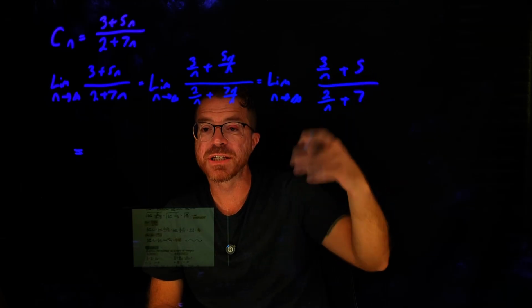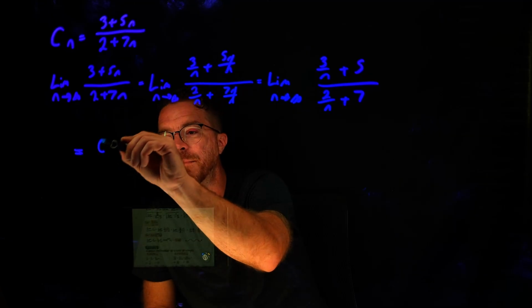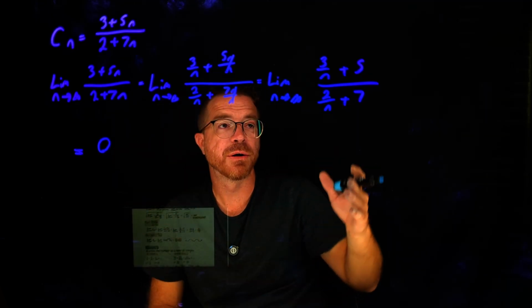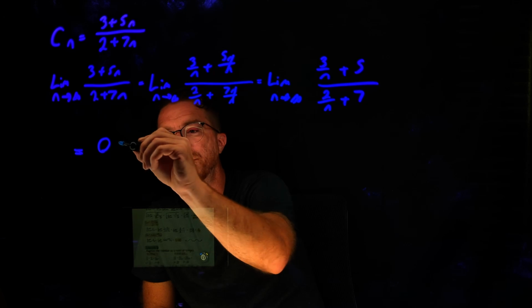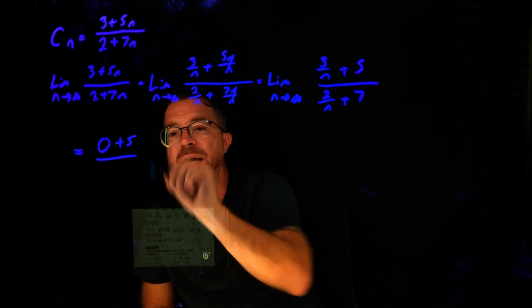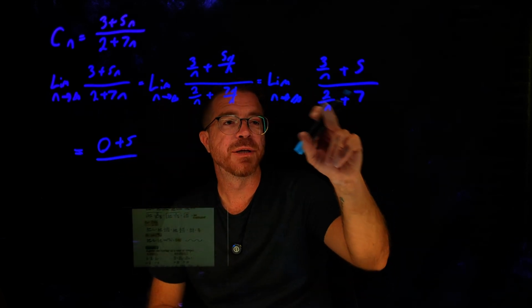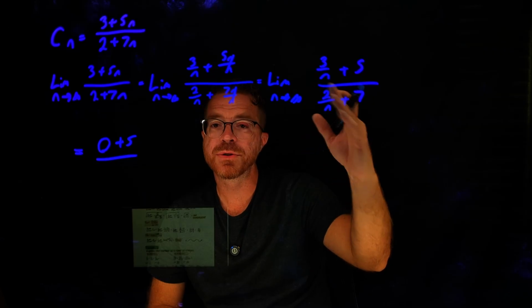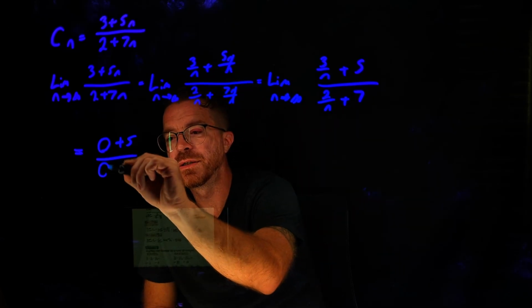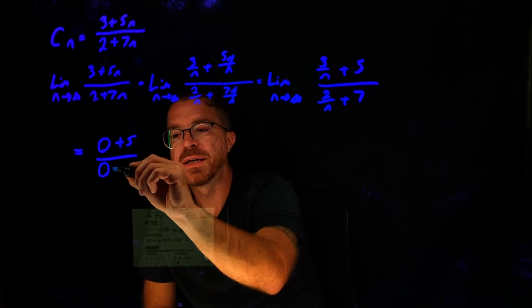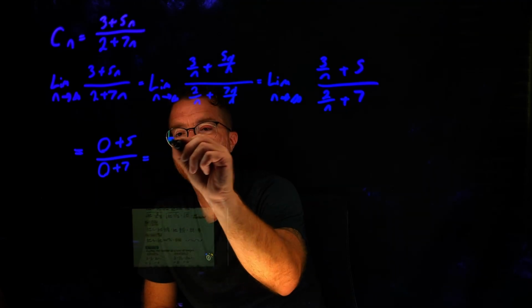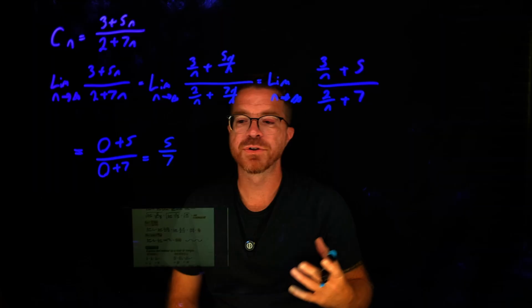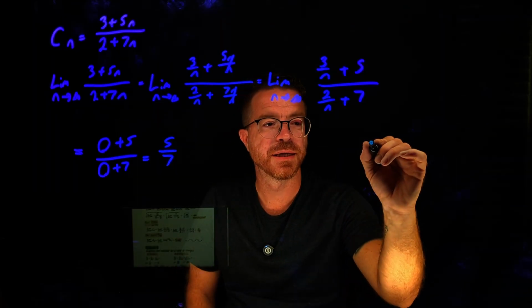The whole fraction is getting smaller and smaller until it becomes 0. It's approaching 0. The limit of a constant is just going to stay that constant. Again, in the limit of 2 over n, n is getting bigger, so the whole fraction is getting smaller, it's approaching 0. And then the limit of a constant is a constant. We are left with 5 over 7.